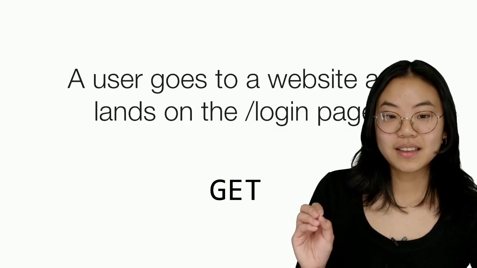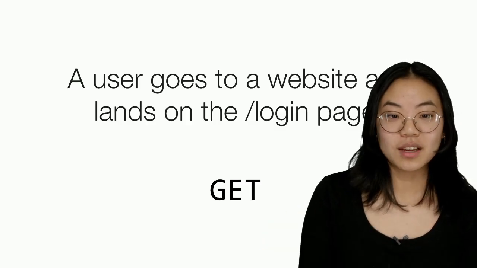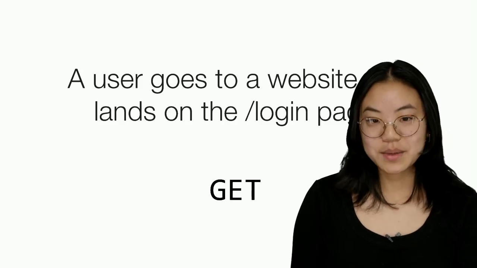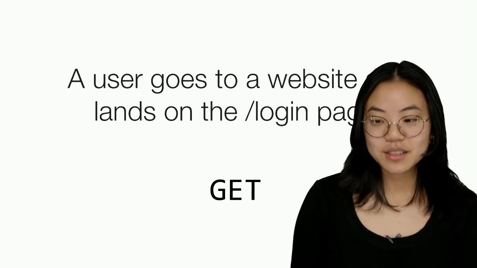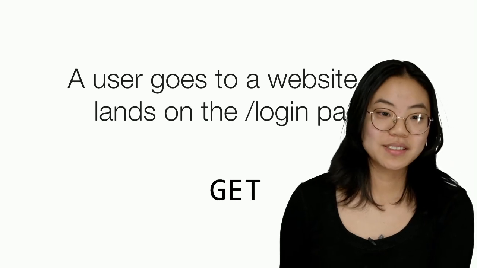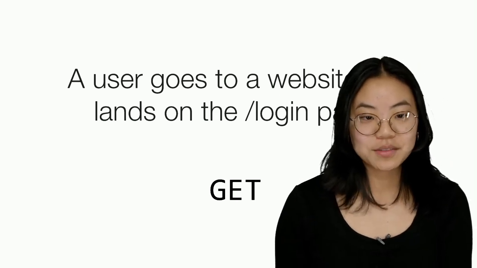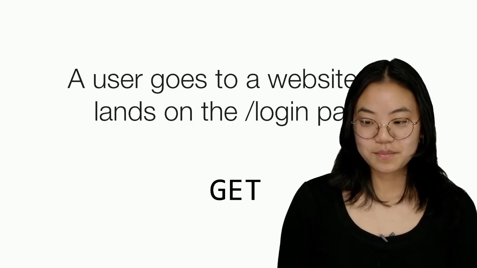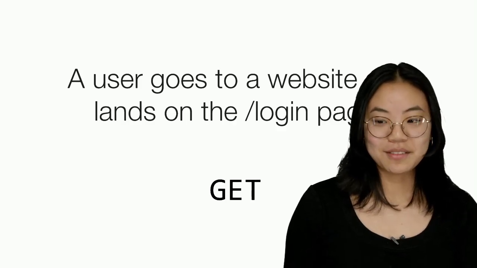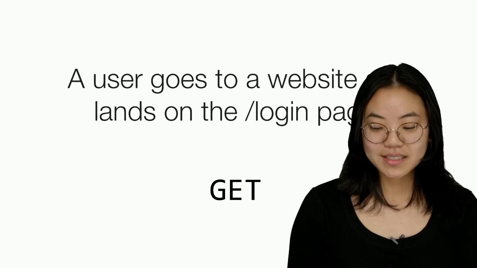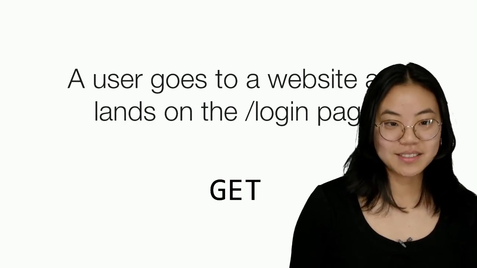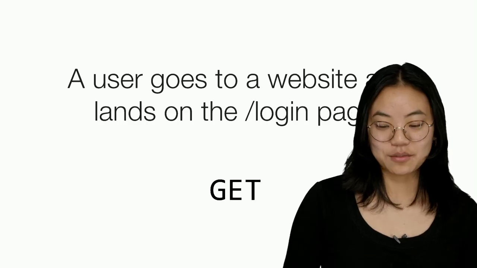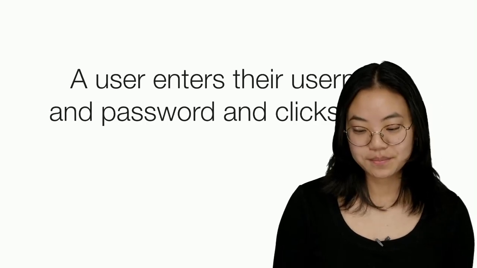But if I did press login and I gave it my information, like this is my username, this is my password, then that would be a post request. So just going to the page itself and rendering that page would be a get request. The wording can be a little bit confusing, but get is when I'm getting information and trying to render it per se.